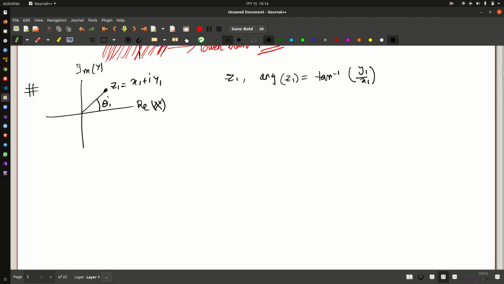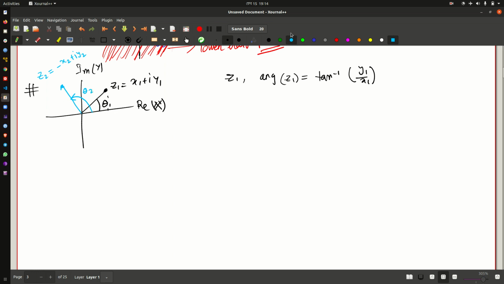Now let's take another point that is in the second quadrant like this, and this is denoted by minus x2 plus iy2. Now how do we calculate the shortest distance? We can easily see that the shortest distance would be this angle, theta 2, right? And how do we calculate theta 2?